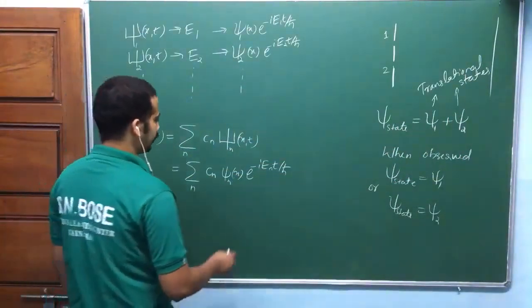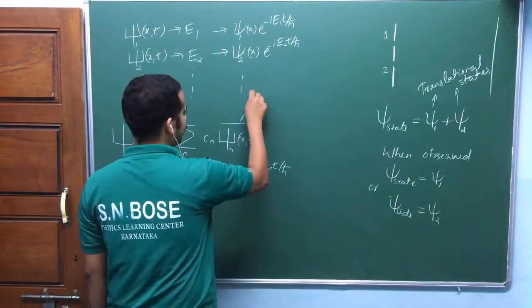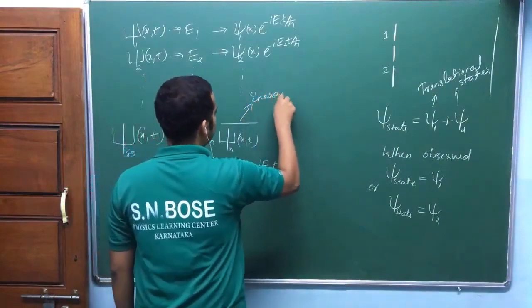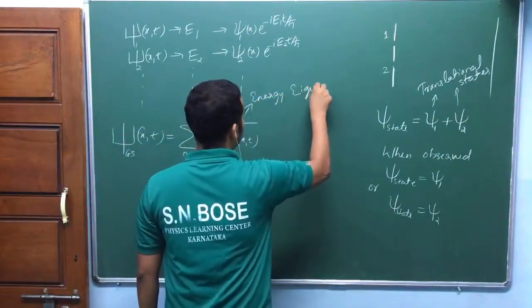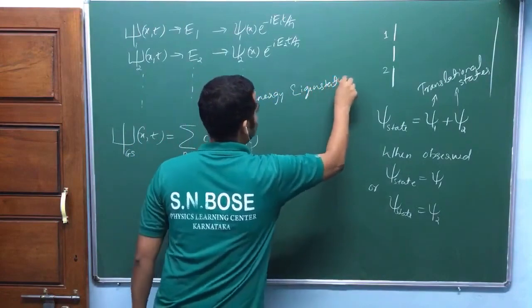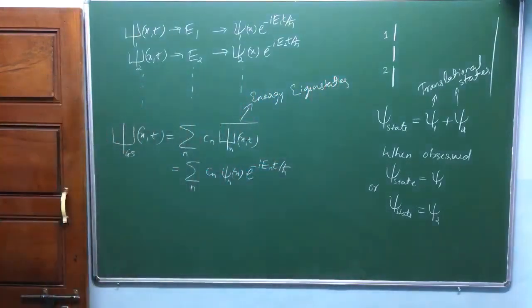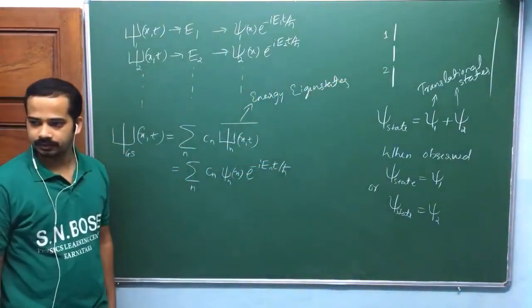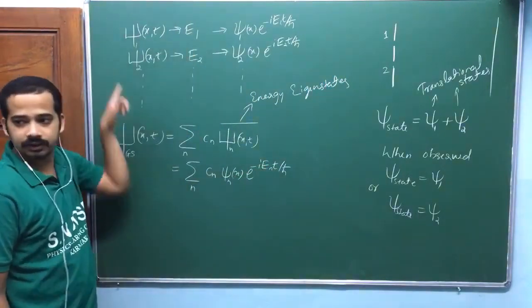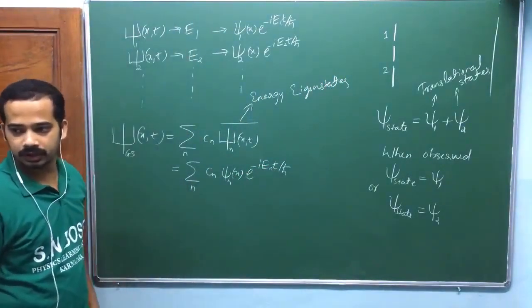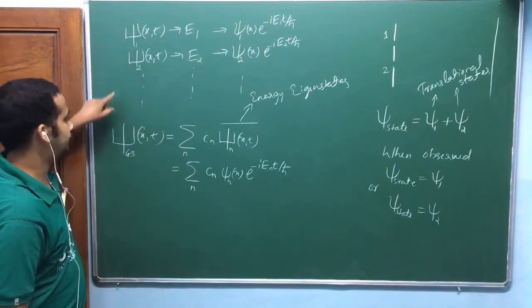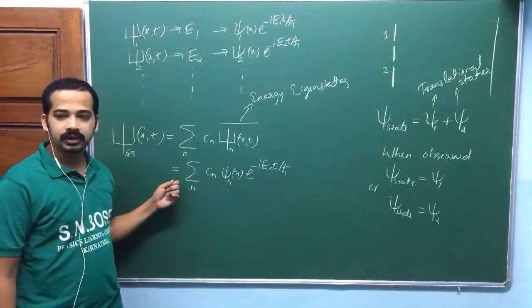These are energy eigenstates, or definite energy states. Individually they are definite energy states, with no uncertainty in the measurement of energy in these individual states, but there will be uncertainty in the superposition.